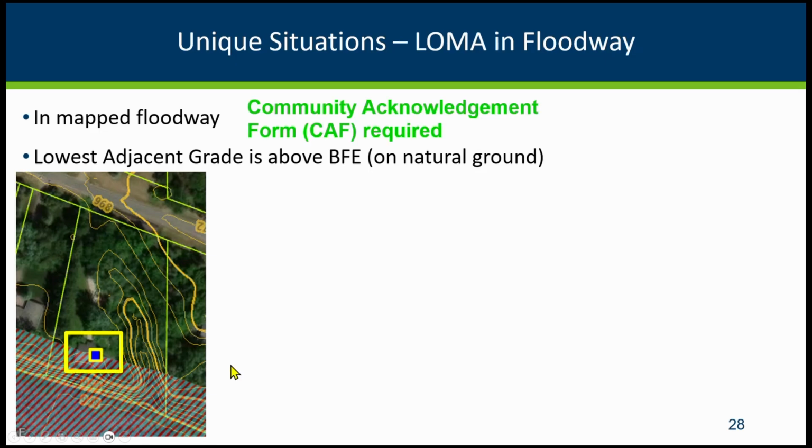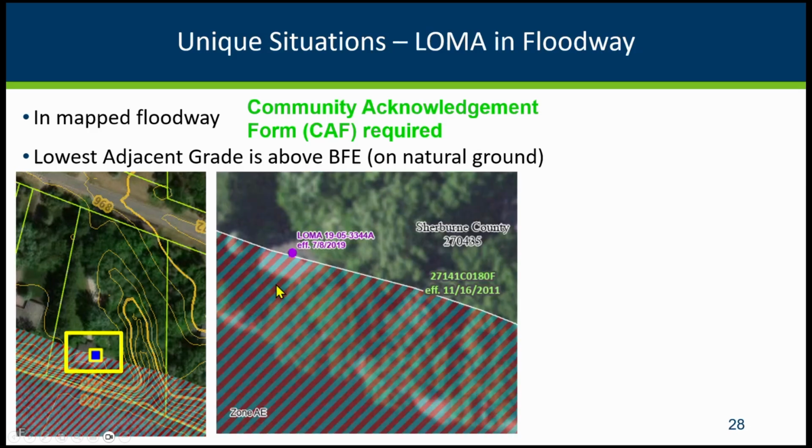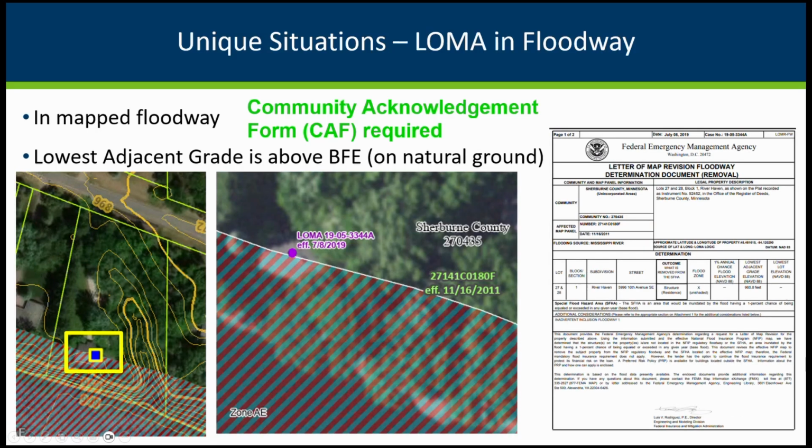So a person can apply for a letter of map amendment, but when it involves a floodway, that community acknowledgement form is going to be required. And we'll get more detail on that in a few slides. So in this case, they did get their letter of map amendment, and instead of being a regular LOMA on the form, it calls it a LOMR-FW for floodway.